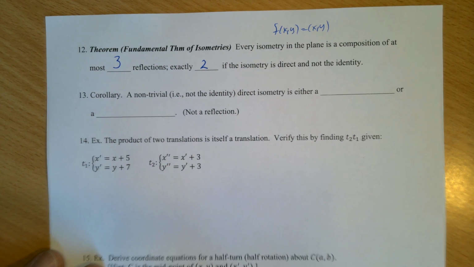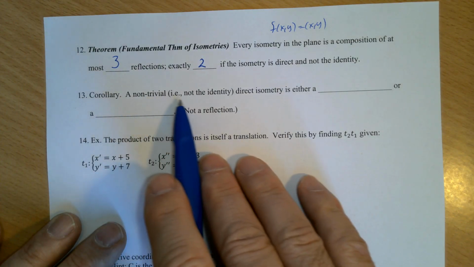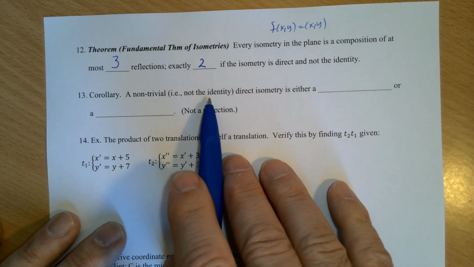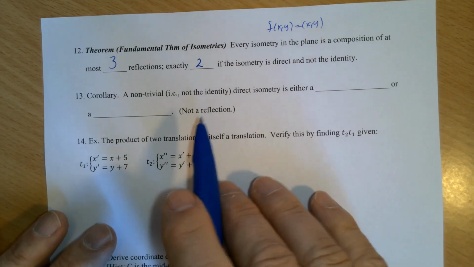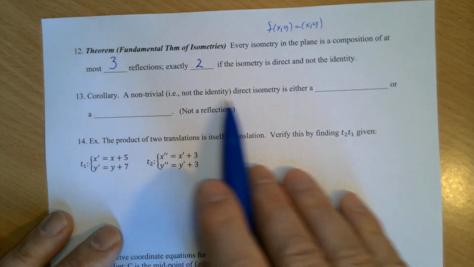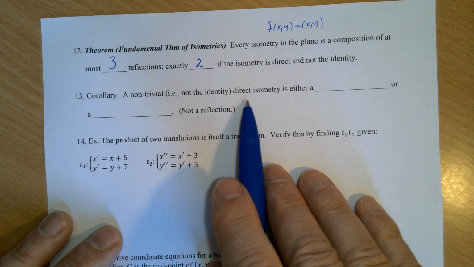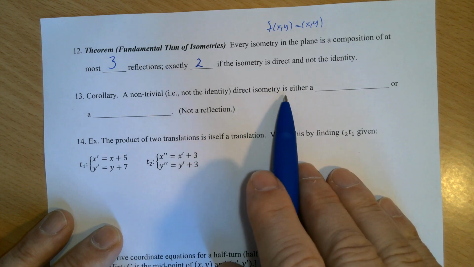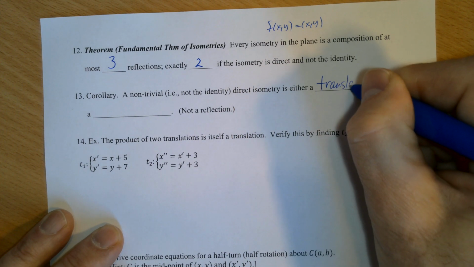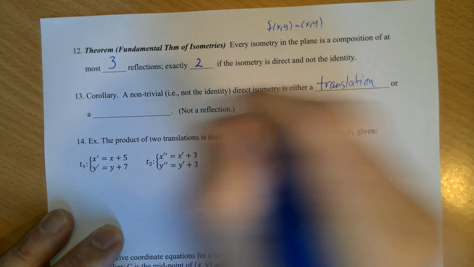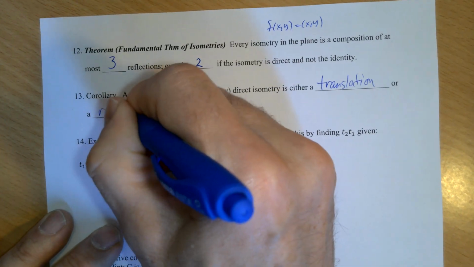Okay, number 13. Again, a non-trivial direct isometry. The trivial one is the identity, and that's very boring, so we're not talking about that one. So a non-trivial direct isometry is either a translation or a reflection.